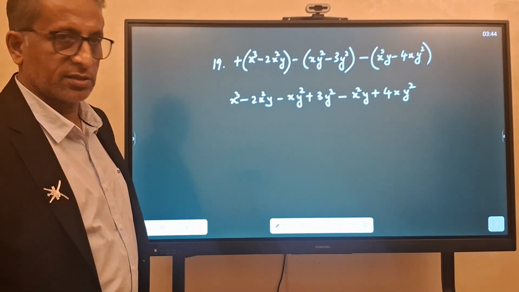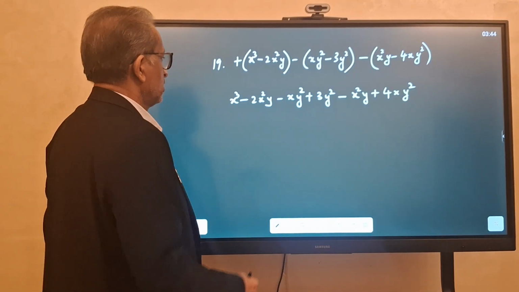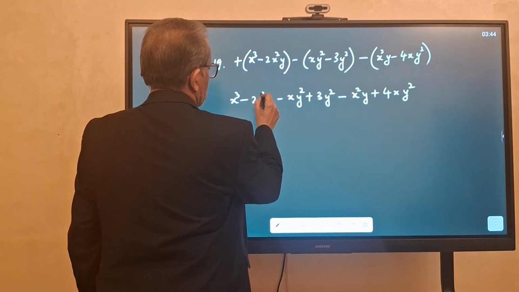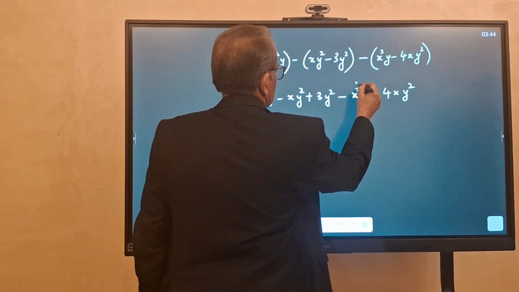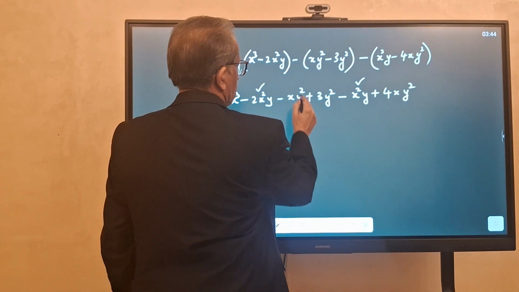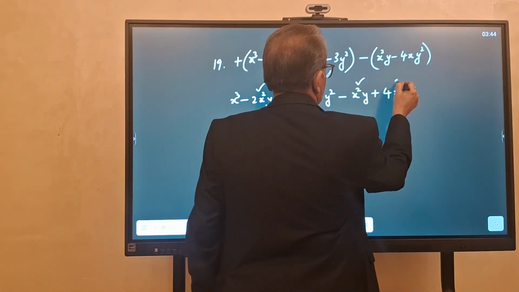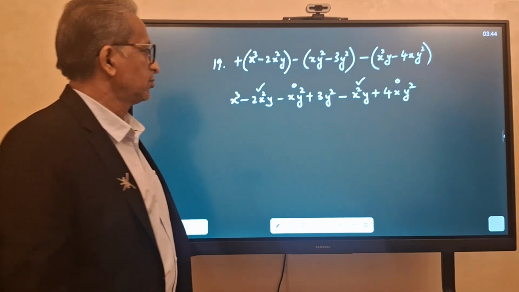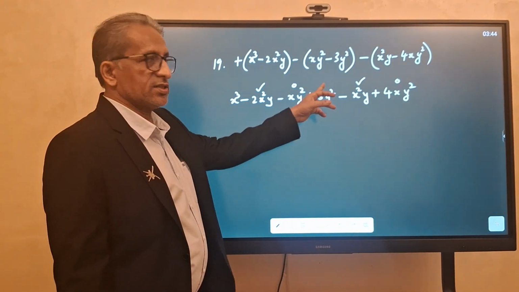I open the brackets. Now check which are same terms. So now you see x square y, same. This is xy square. See xy square. This is same. So how many left? X cube plus 3y square.